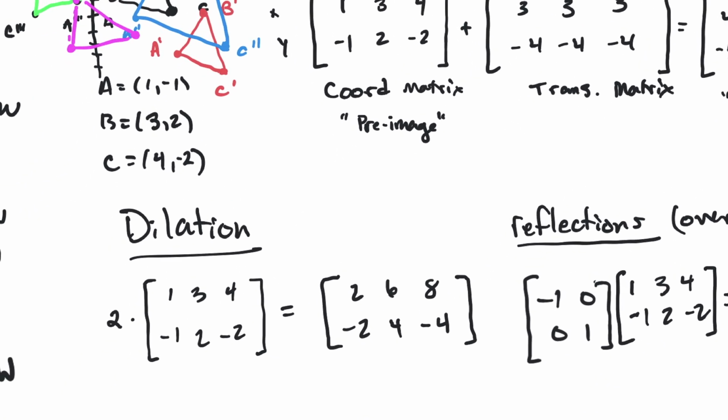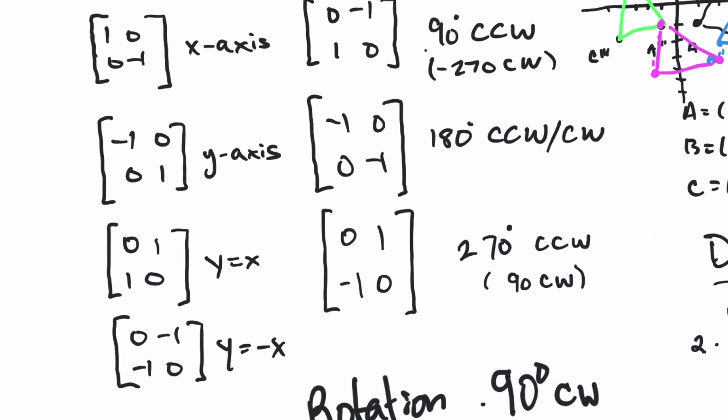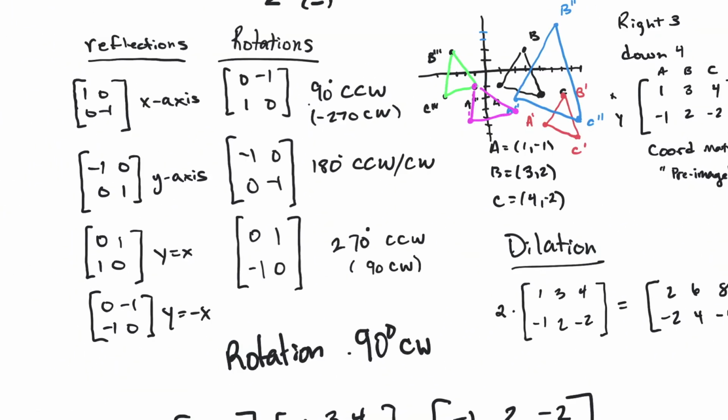I want to go over the next 2, but first I want to introduce these to you and get you to write them down. We have reflections and rotations. There are 4 reflections that we typically deal with, and there are 3 rotations. We have the x-axis reflection, the y-axis, the line y equals x, and the line y equals negative x.